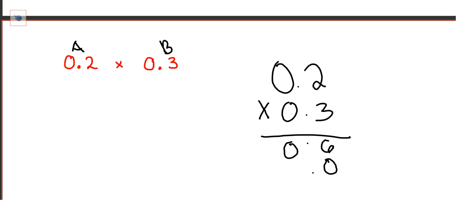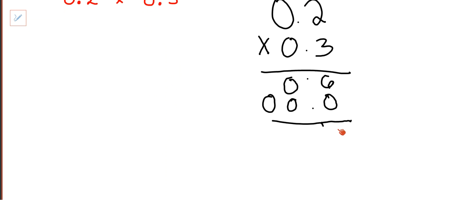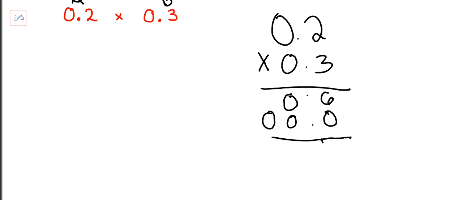And then you do 0 times 2, which is 0, and 0 times 0, which is 0. And then it would be 6.00.